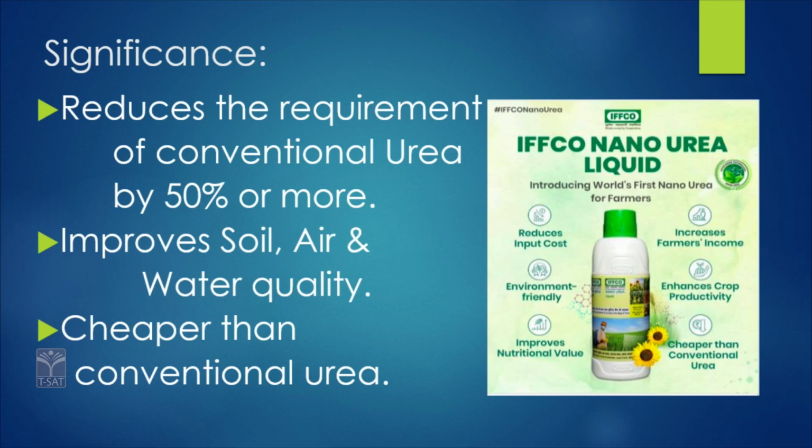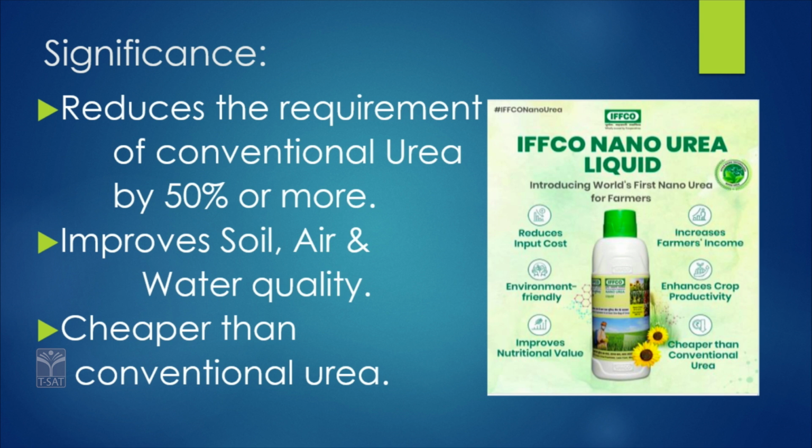And here some significance is given, which you are already seeing on the screen. The bottle contains the nano urea liquid, it is a 500 ml bottle. It reduces the requirement of conventional urea by 50% or more, that is one significance. It improves the soil, air and water quality and is cheaper than conventional urea.